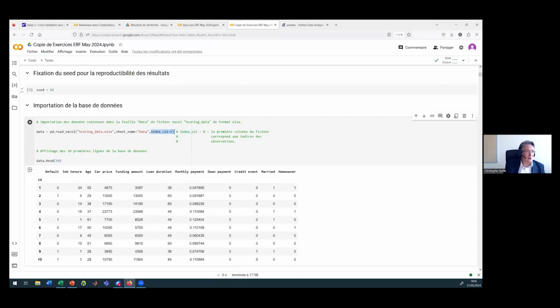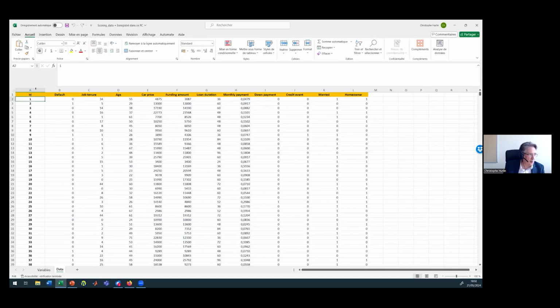And index column, it's just the index of the column in which you have the index of the observation, the name of the individual or whatever you want. In my example, the name of the individual, or the index, is reported in the first column. Be careful with Python: the number of the first column starts at 0 and not at 1.